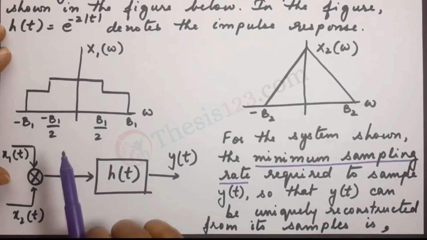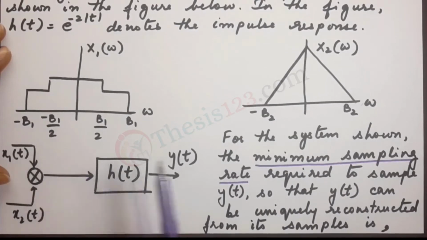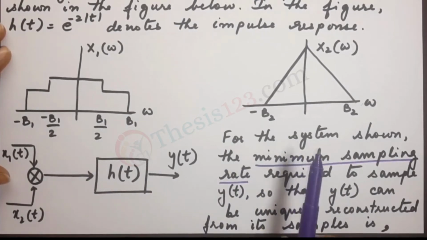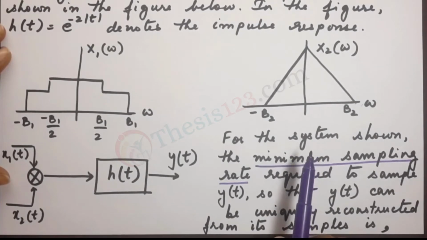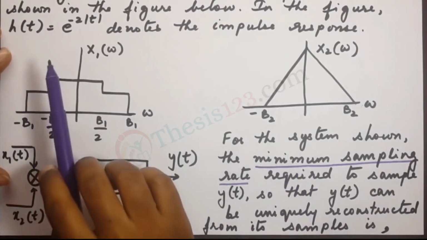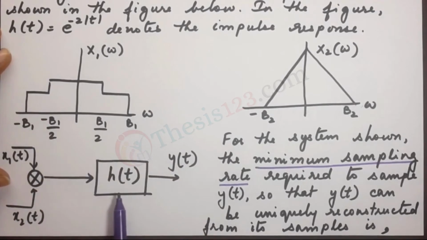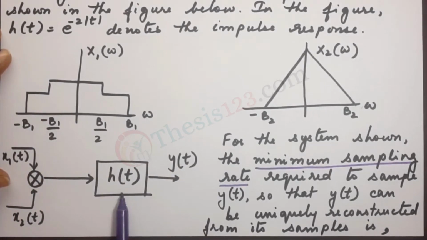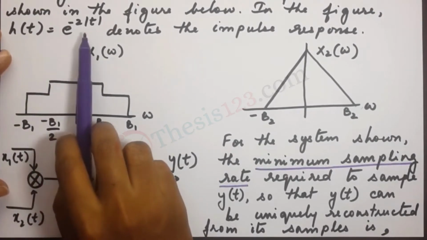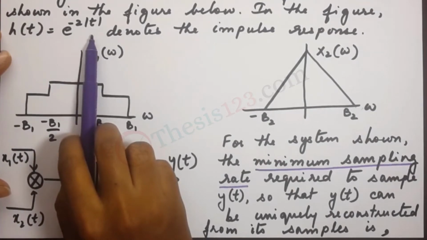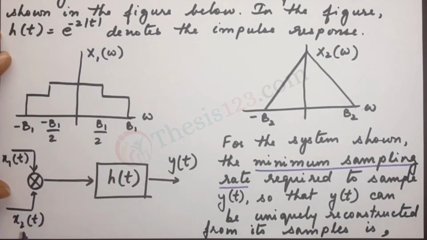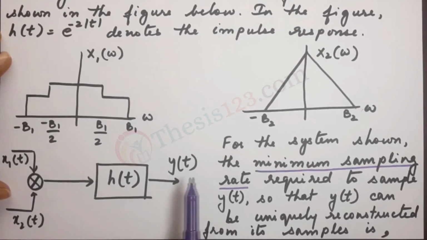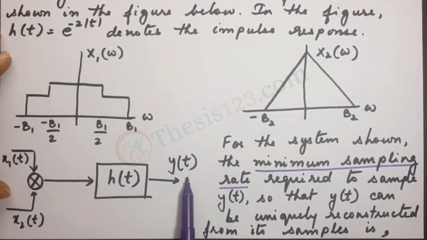B1 is the bandwidth of x1 of omega and B2 is the bandwidth of x2 of omega. And the figure gives us that h of t, this system right here, is e to the power of minus 2 mod t. So correspondingly, you will see that the input signals x1 of t and x2 of t making up this system give out the output y of t.